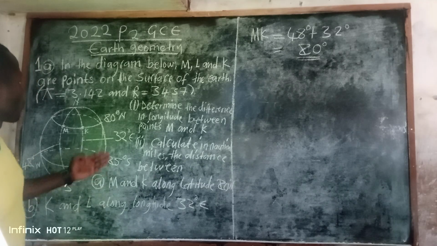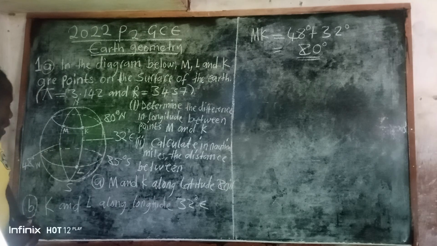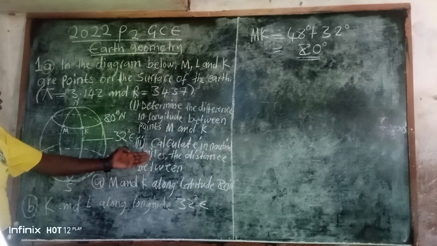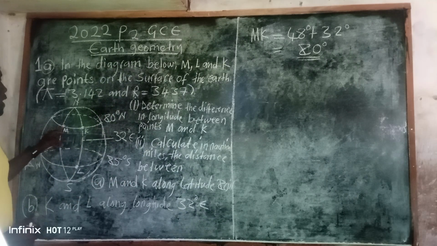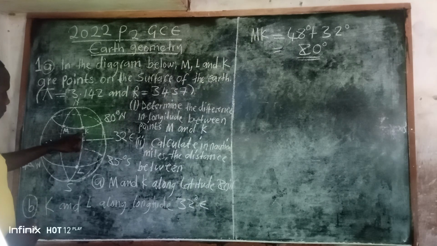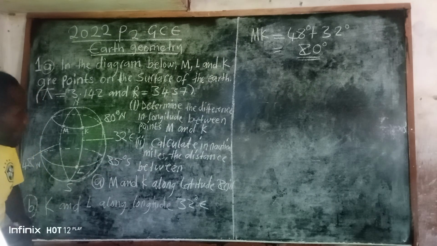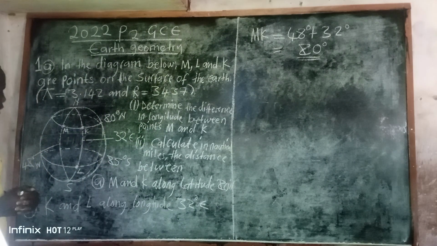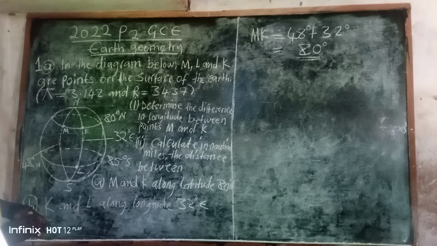Quickly we go to the next question, bullet number 2, where we are asked to calculate in nautical miles the distance between M and K. Since they are telling us to calculate in nautical miles, there are 2 formulas that we can use to come up with this distance, and I'm going to show both of them so that you as a learner can choose.